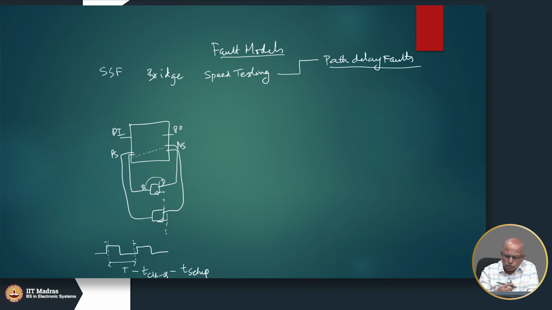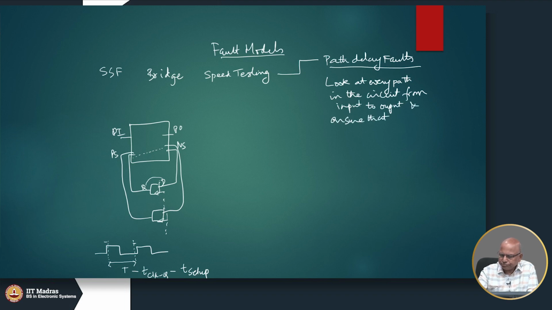So, a path delay fault means we have to look at all possible paths, every path in the circuit from input to output, and ensure that the time constraint is met.